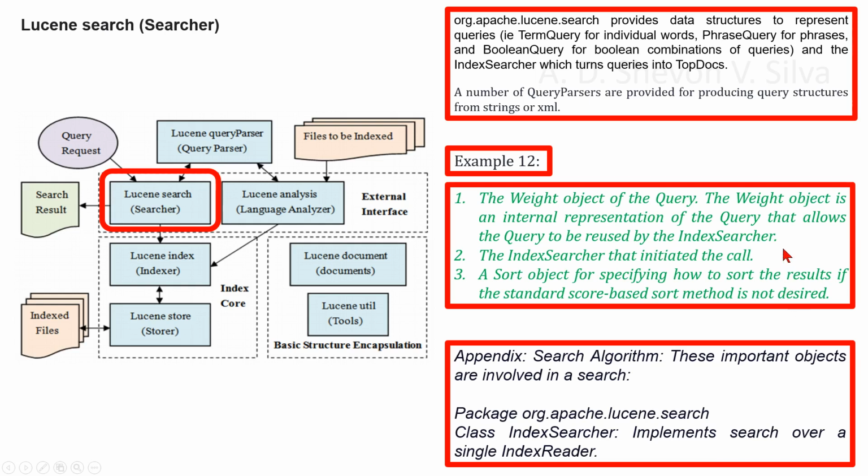The important objects involved in a search: One, the Weight object of the query. The Weight object is the internal representation of the query that allows the query to be reused by the IndexSearcher that initiated the call. Three, the Sort object for specifying how to sort the results if the standard score-based method is not desired.